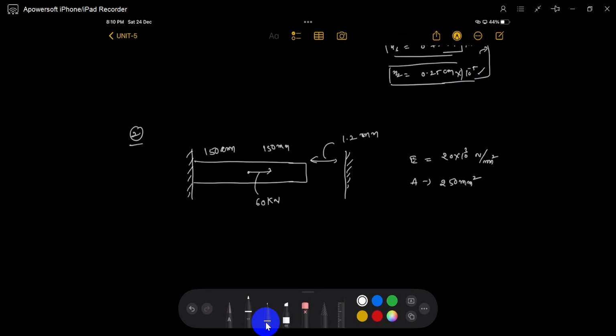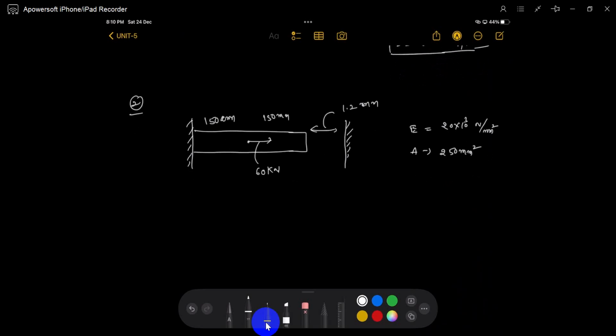See, he has given a 60 kilonewton load, and the area is 250 mm square for both elements. Young's modulus is 20 into 10 cube Newton per mm square. 60 kilonewtons acts at the center. So now we take these three nodes: this is the first node, this is the second node, this is the third node. This is the first element, this is the second element.